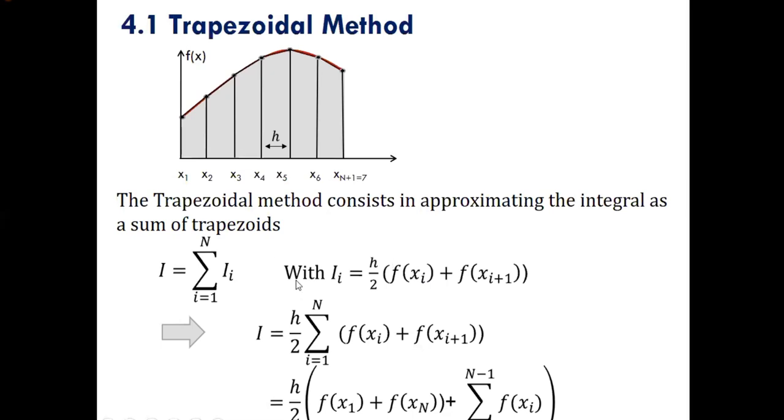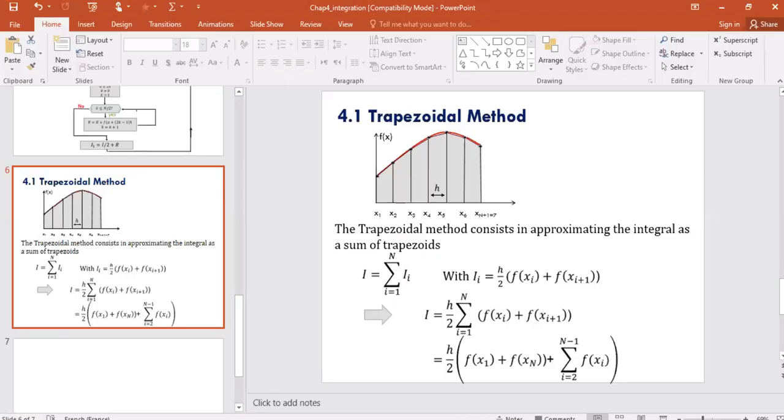Now, the total integral here is the sum of the areas of the trapezoids. So it's the sum of the Ii from i equals 1 till n. So it's h over 2, the sum i equals 1 till n, of f of xi plus f of xi plus 1. Now I will just share a new screen to show you how we can recast this equation.